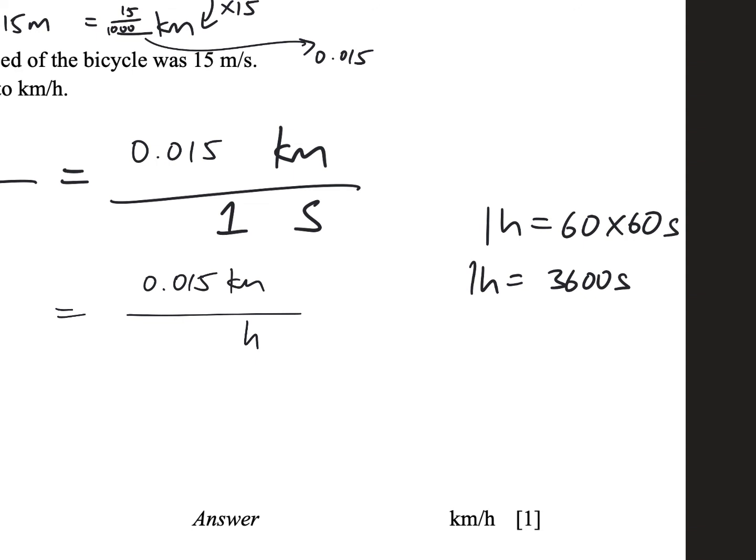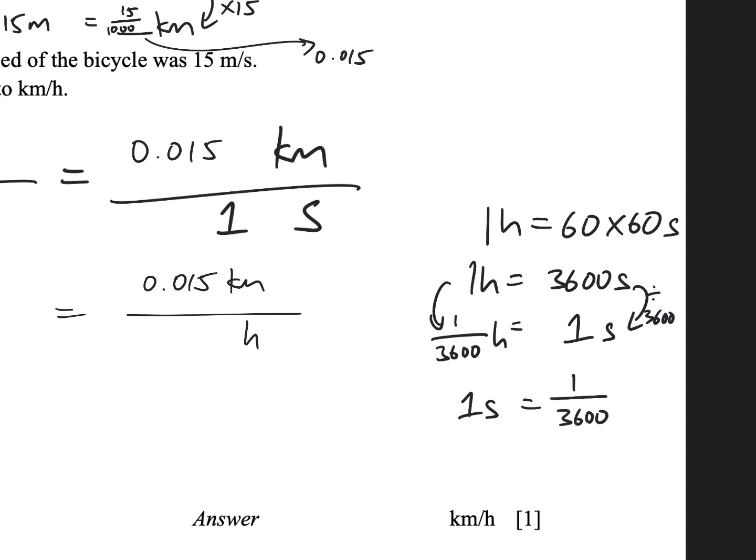And eventually we want 1 second. We're trying to convert 1 second into how many hours. So we can get there by dividing by 3,600, taking 1 hour divided by 3,600, and that means 1 second equals 1 divided by 3,600 hours.